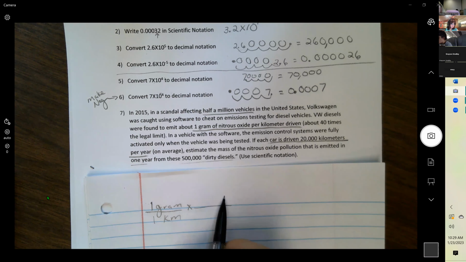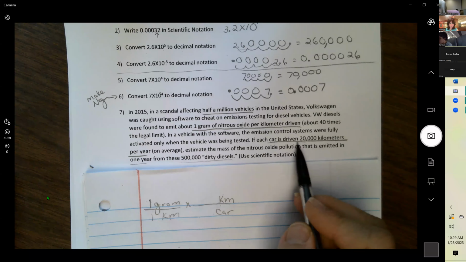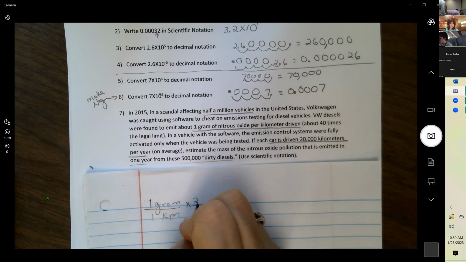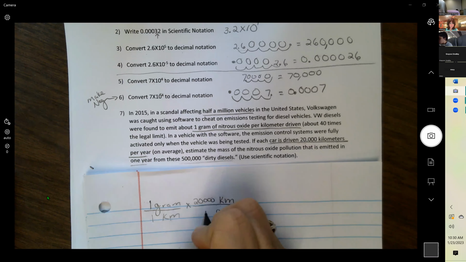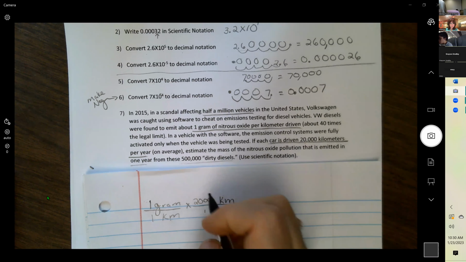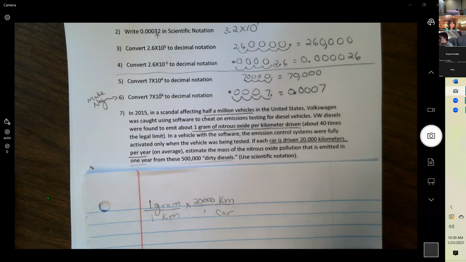Kilometers was 20,000. 1 car. And this was kilometers. If you want to put the per year, you could.